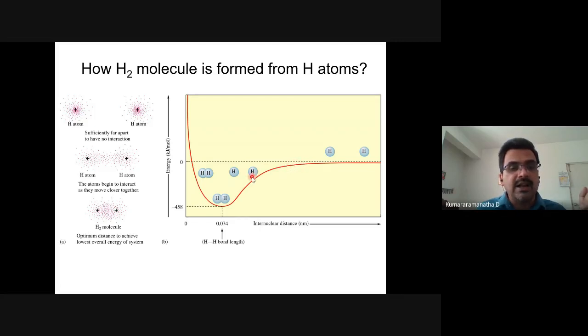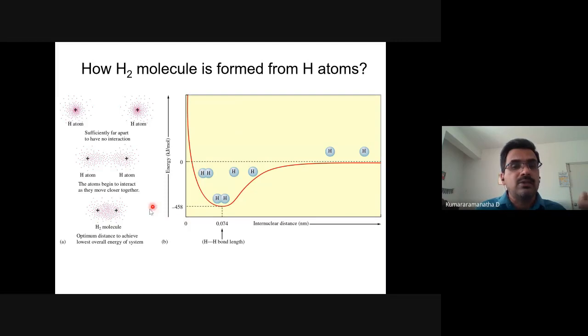They are at a certain distance where it is not yet a covalent bond between them, but there is an influence of one electron density on the other, which is felt, nucleus with electron density. Once it starts to feel, you can see there is a change in energy. And then finally, at 0.074 nanometer, almost 0.74 angstroms, the bond length of hydrogen is reached.